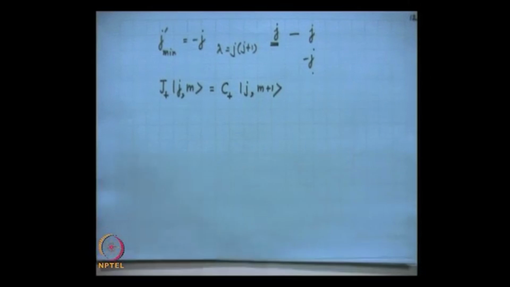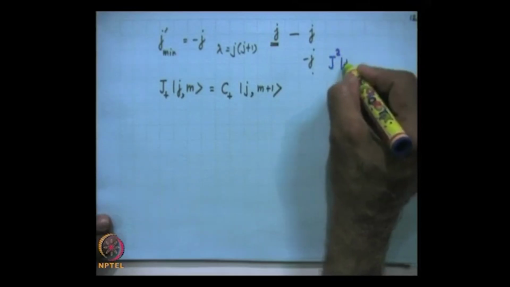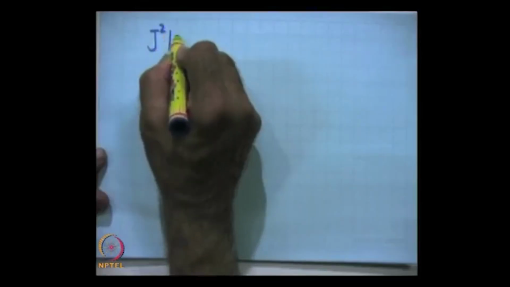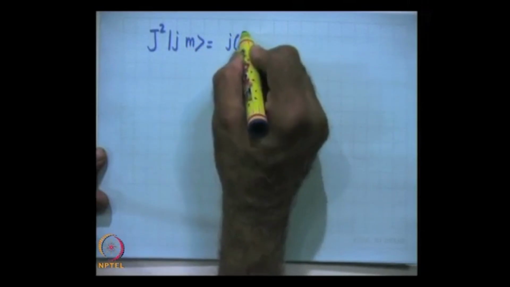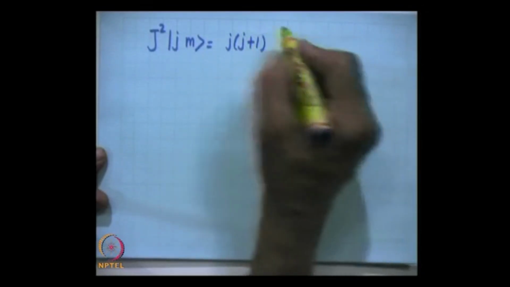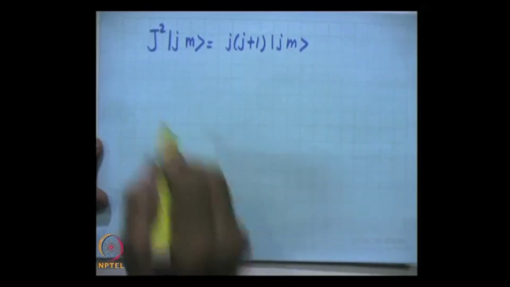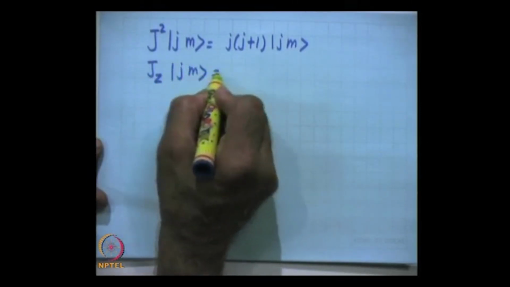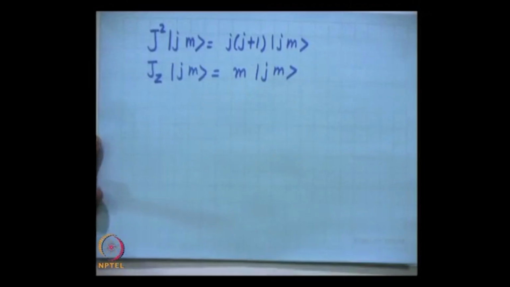What we must always remember is that J square ket j m is equal to j into j plus 1, h cross square is there, but we assume that we are working in a system of units where h cross is 1, and Jz ket jm is equal to m ket jm.